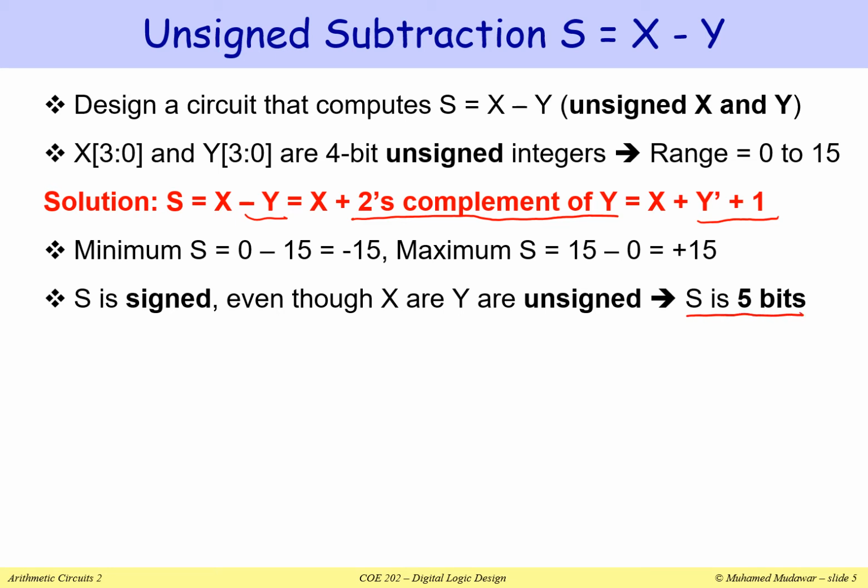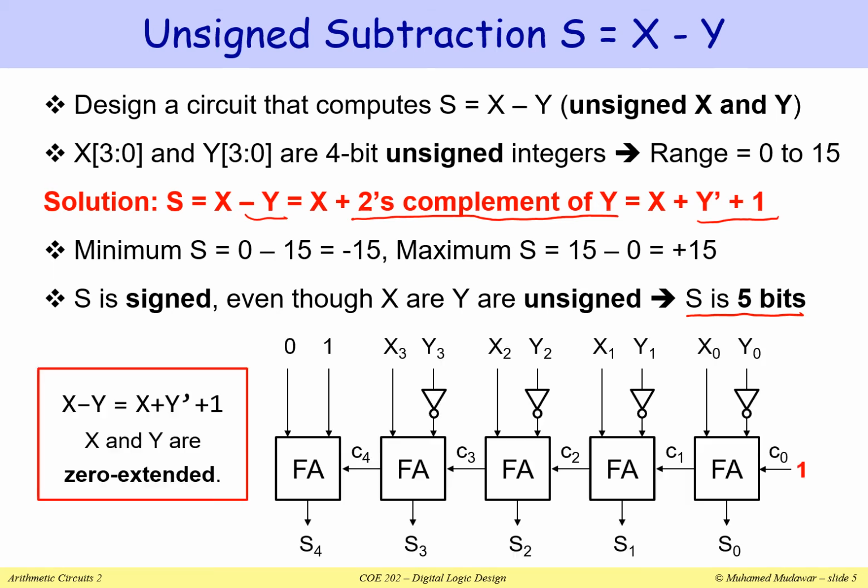So let us design here a circuit that can calculate s is equal to x minus y. Here's a circuit that can compute s is equal to x minus y. Notice that x and y must be extended because x and y are unsigned. We can use 0 extension.